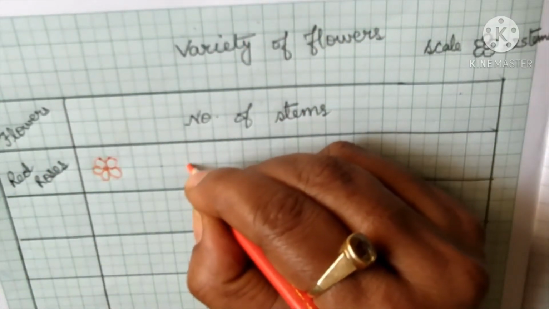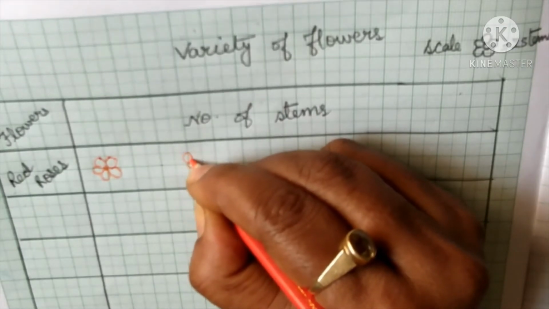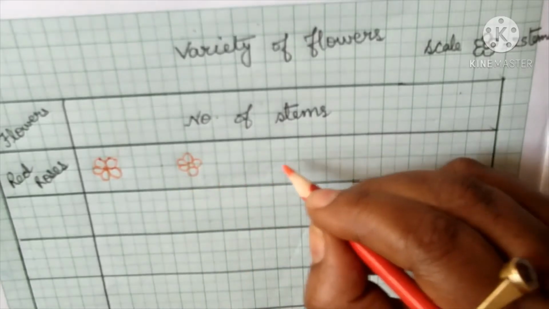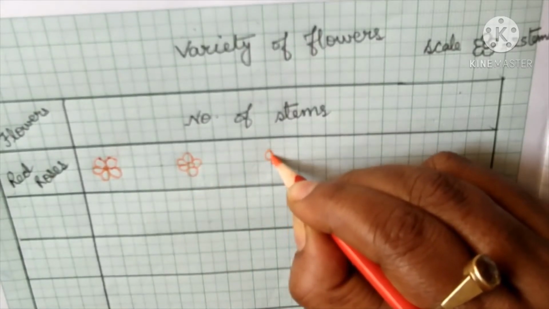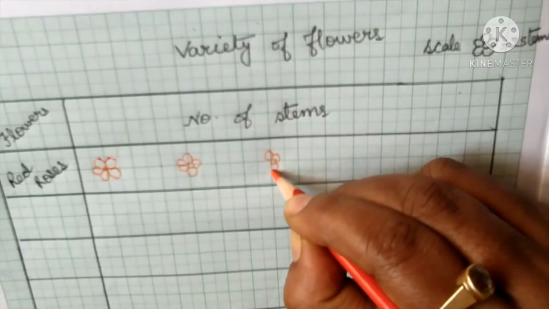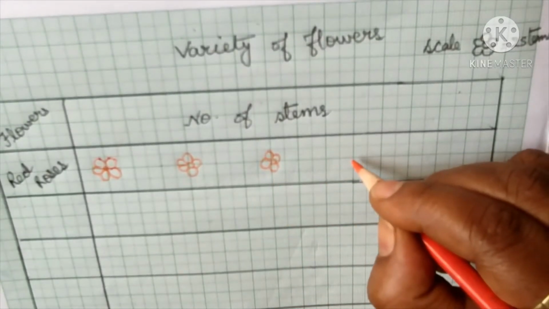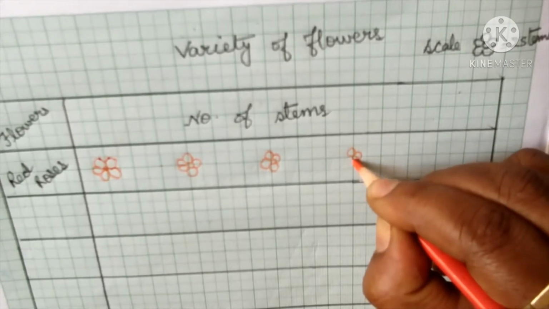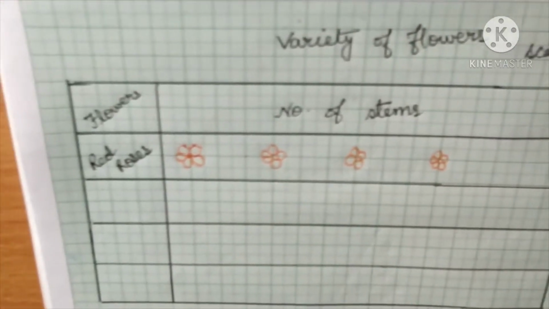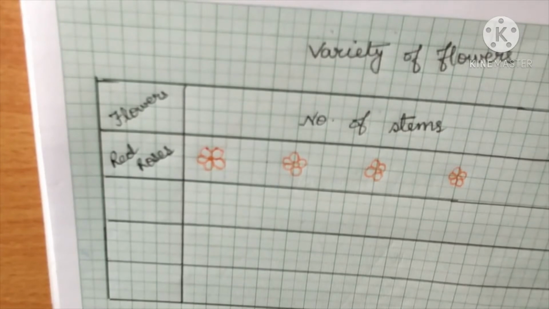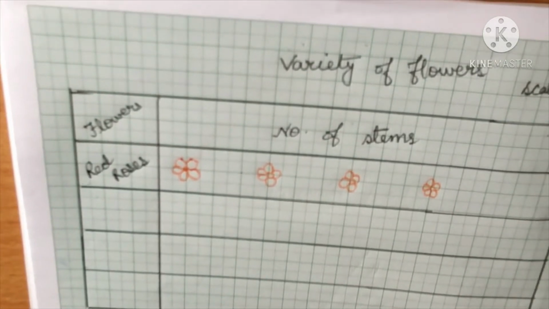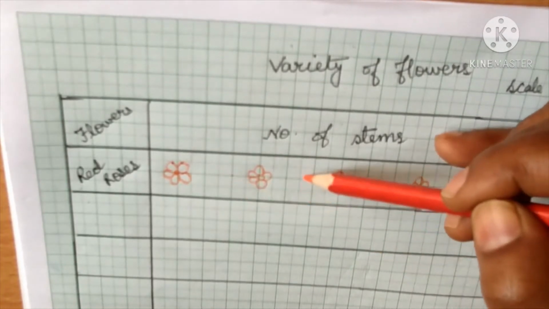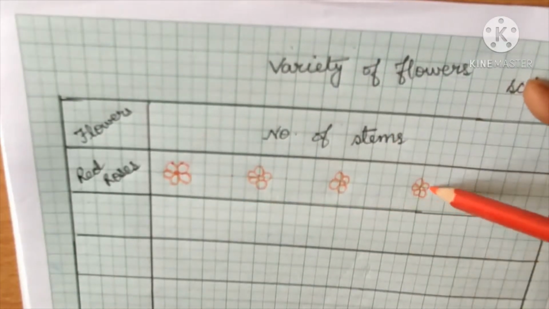Work should be neat and clean. You can see I left 1 square in between, so it will be at an equidistance.